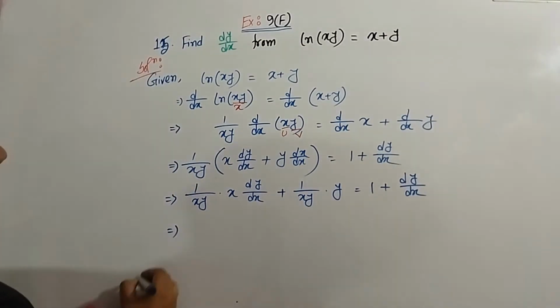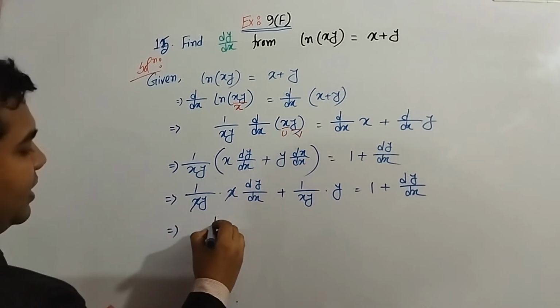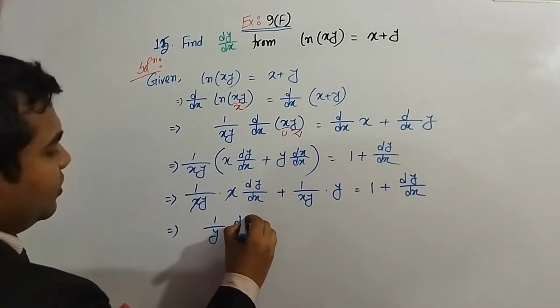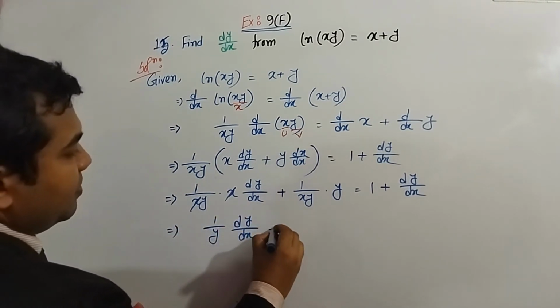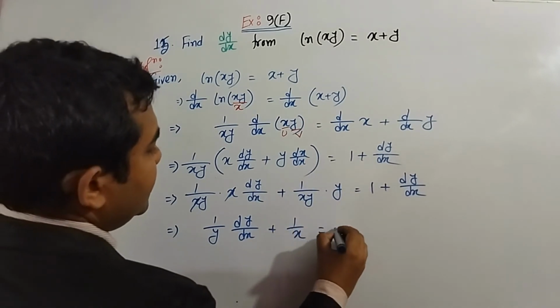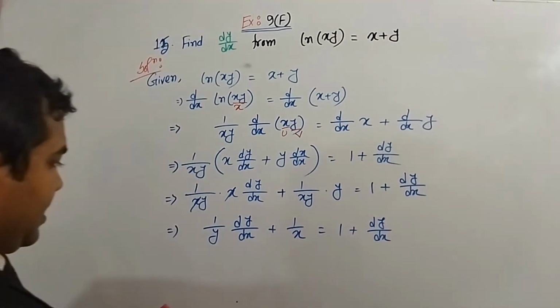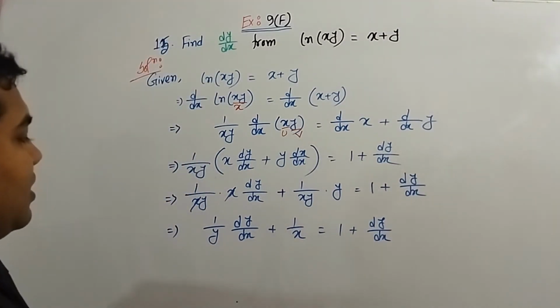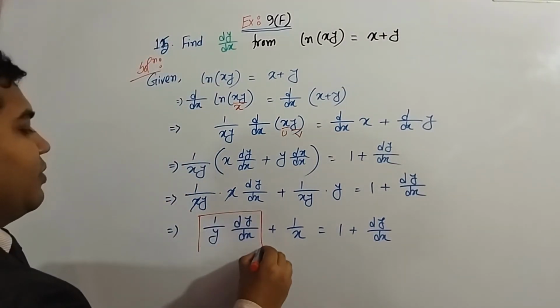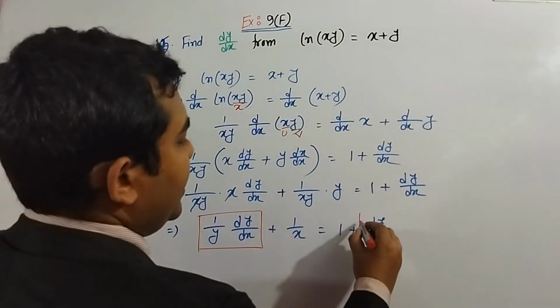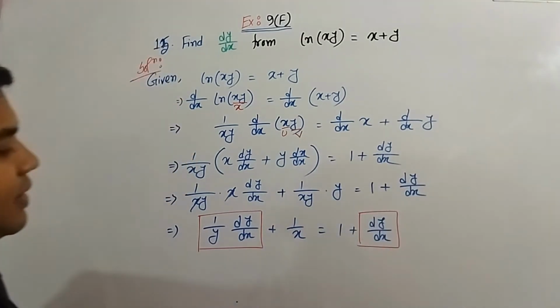Then here we have observed that x has cancelled. Then here 1 by y into dy by dx plus 1 by x, 1 plus dy by dx. Just here two things: here is the part where dy by dx is there, and here is the part where dy by dx is there.